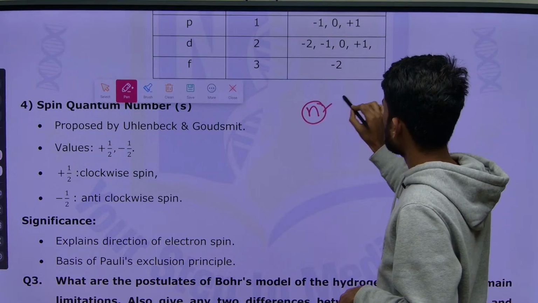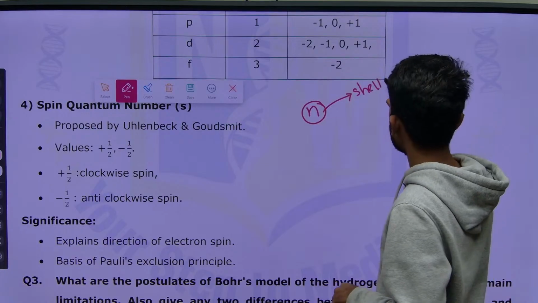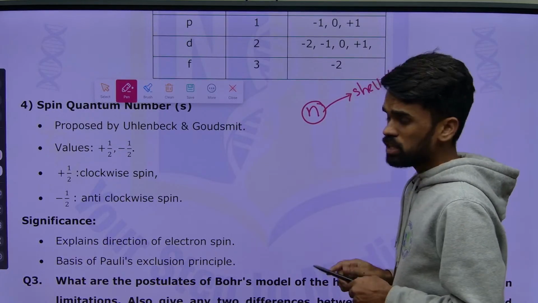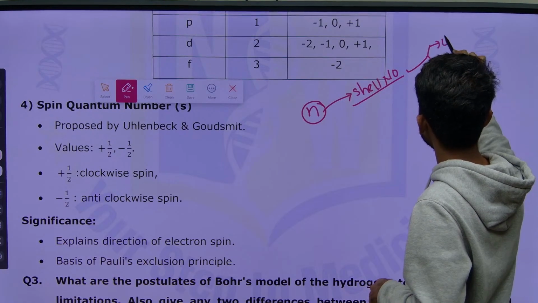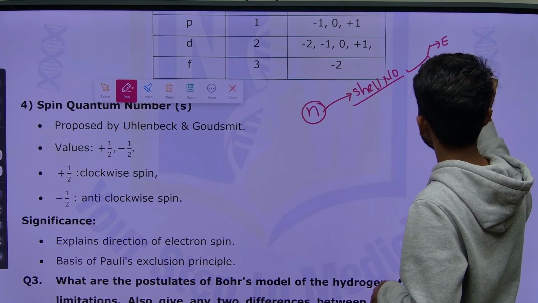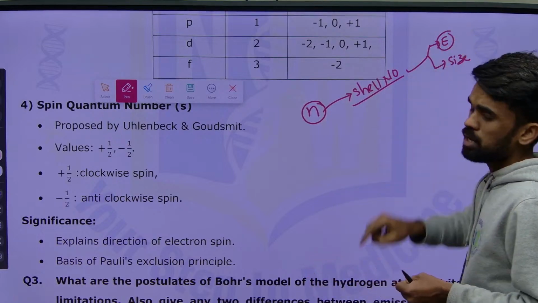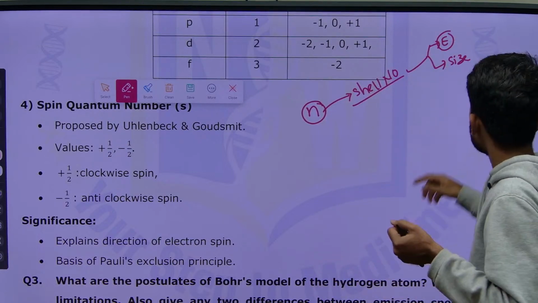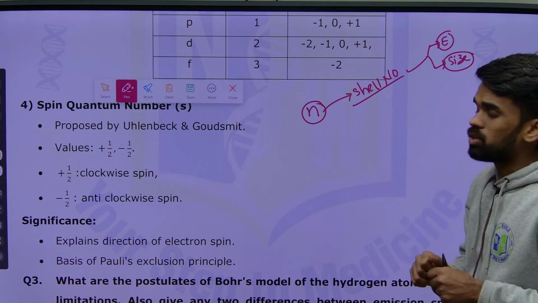So n says about the shell number. After knowing this shell number, it is also useful for finding its energy and its size, that is, the energy of the shell in which the electron is present, and the size of the shell in which that electron is present.